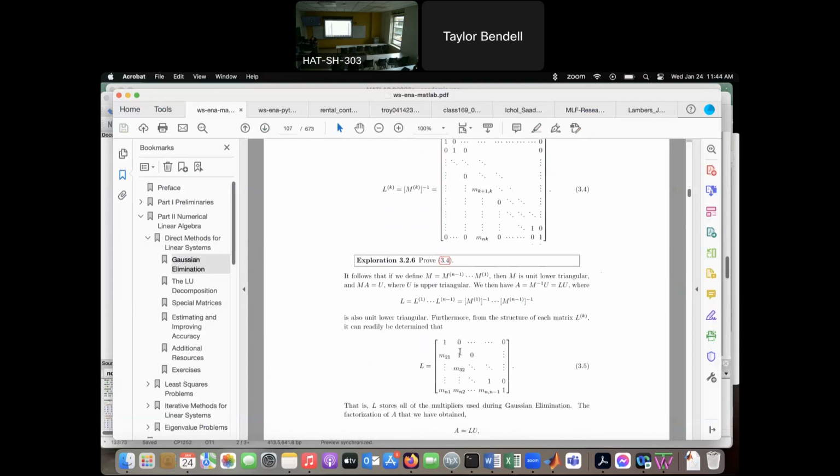So this is what a typical L looks like: 0's above the diagonal, 1's on the diagonal, multipliers below the diagonal. In deriving L, I'm having all these operations performed, multiplying and inverting these matrices, but you don't actually have to do any of that because we know what the final L is supposed to be. So you're not even computing L, you're just storing the multipliers in it because you're computing them during the Gauss elimination process anyway.